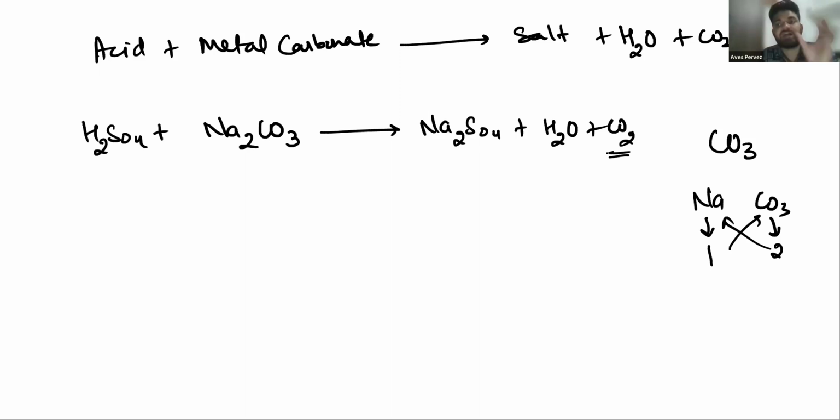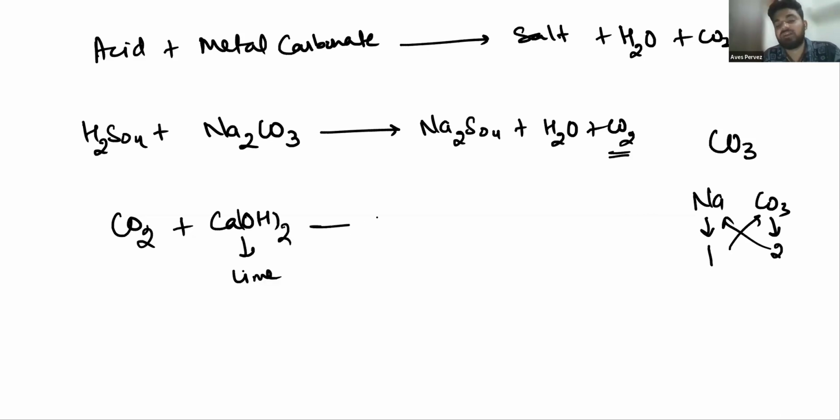Acids produce carbon dioxide. And sometimes it is the test for carbon dioxide gas: when carbon dioxide gas is passed through lime water, that is calcium hydroxide, it gives calcium carbonate, which is solid, plus water.